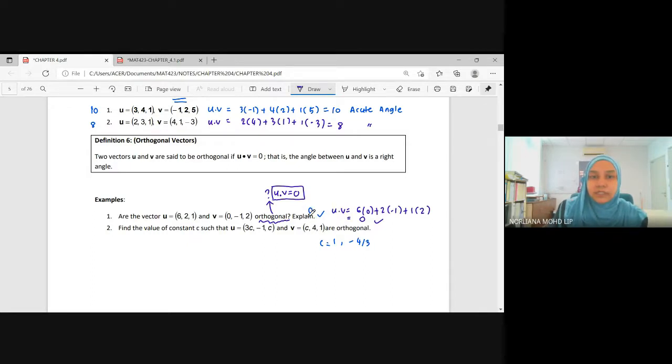So explanation kena explain lah. Ni untuk proof lah. Yes, number 2, find the value of C such that U and V are orthogonal. Ni pun sama, you all perlu proofkan U dot V is equal to 0.